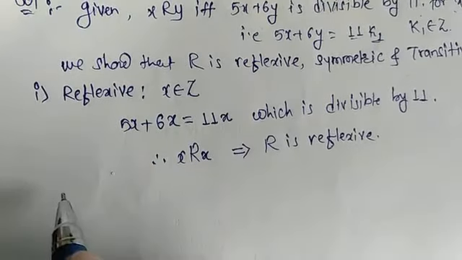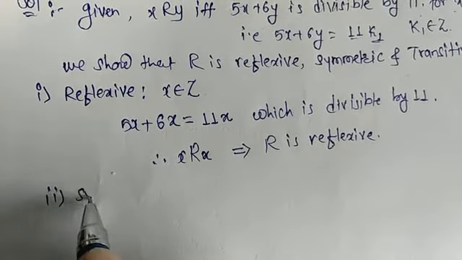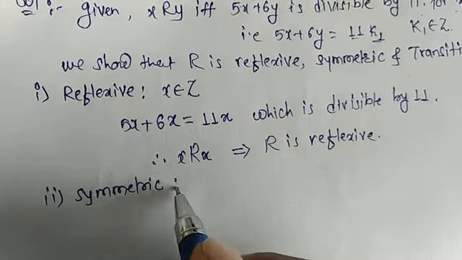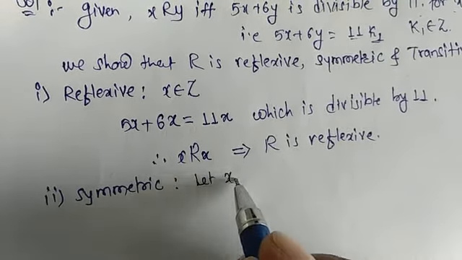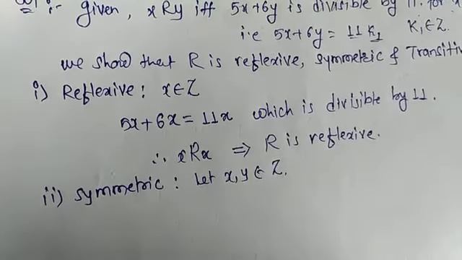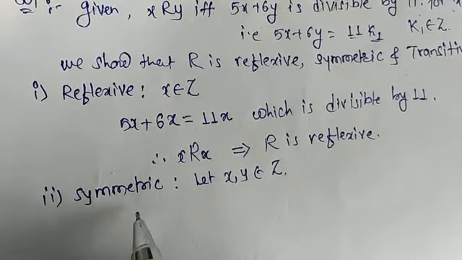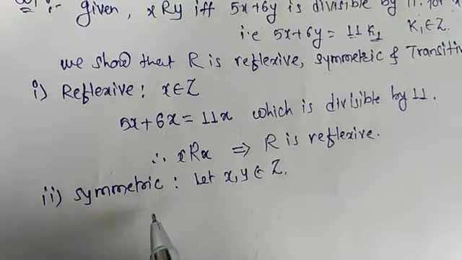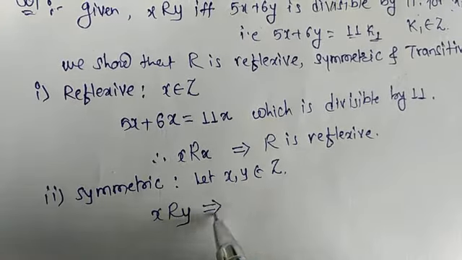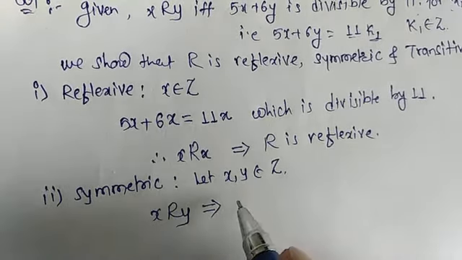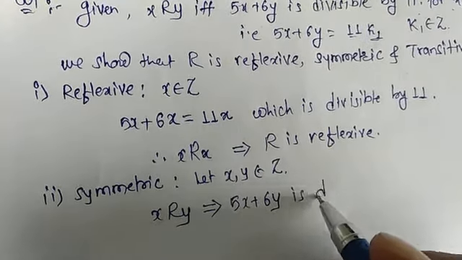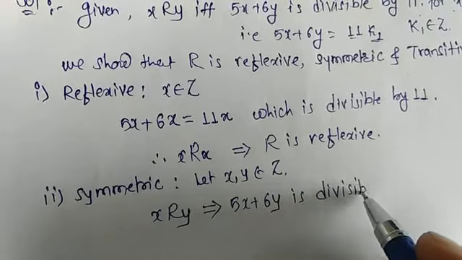Now second, symmetric: we have to consider two elements from the given set. So let x, y belong to Z, and consider x related to y, which implies that 5x plus 6y is divisible by 11.